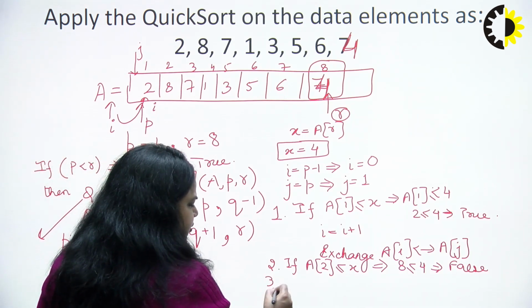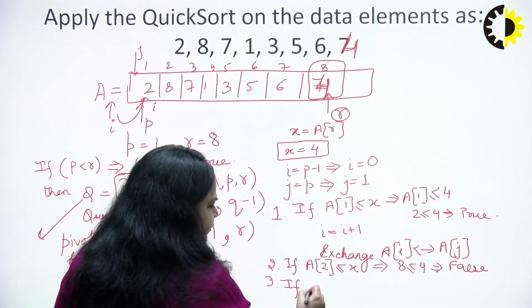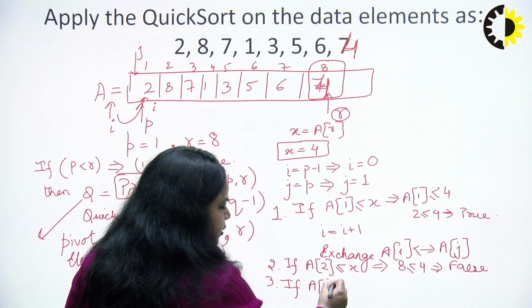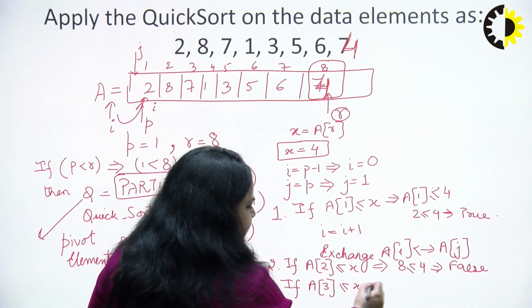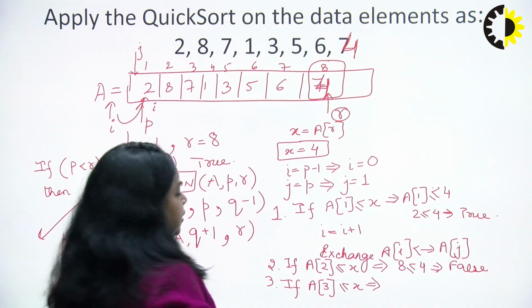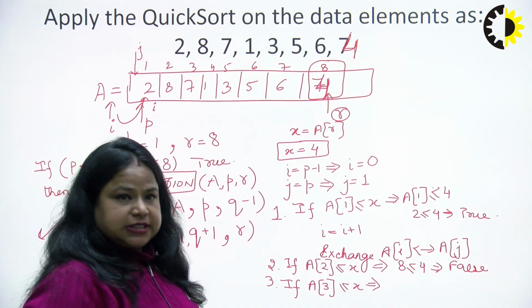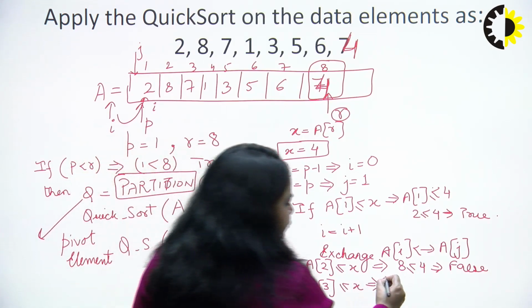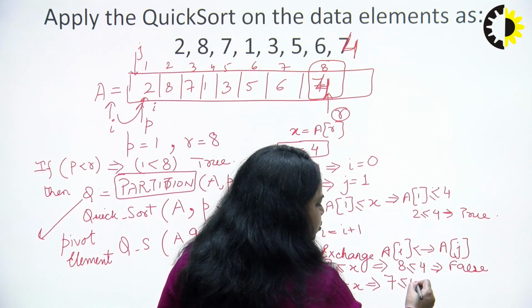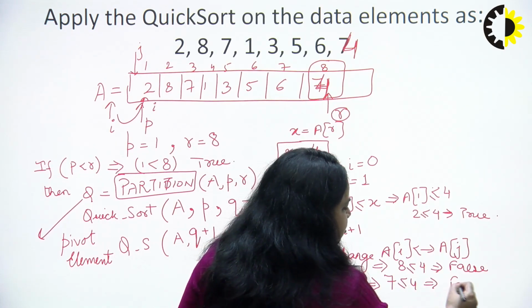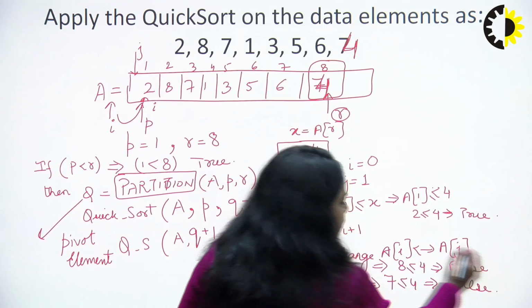Then in the third step, we have to check if A3 is less than or equal to X. Now again we need to check its next location, which is 7. So in that case, we have to check 7 is less than or equal to 4. Again, the condition is false, right?